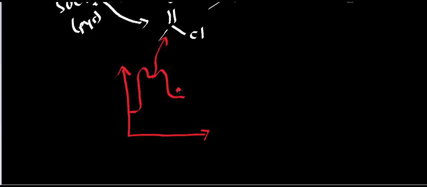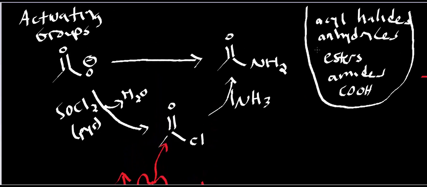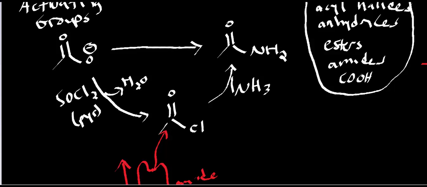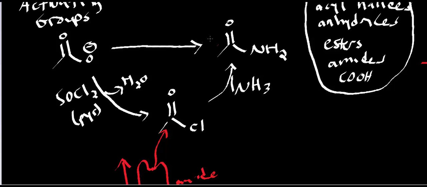And this, of course, would be the amide right there. It kind of looks like the Arby's hat. Anyways, I have a way to get it up in energy, and then I can get it to the amide. So it turns out that you can't do that in one step. You've got to do it in multiple steps. And if you wanted to make any other carboxylic acid derivative, you would always go through this step.